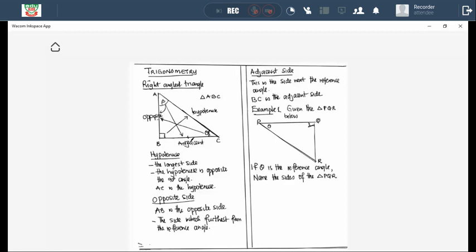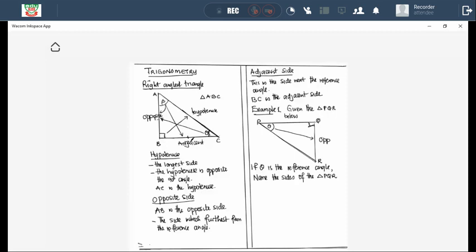Okay, very simple. Now, look at this. This is my reference angle, right? Since this is my reference angle, it means that is going to be my opposite side.